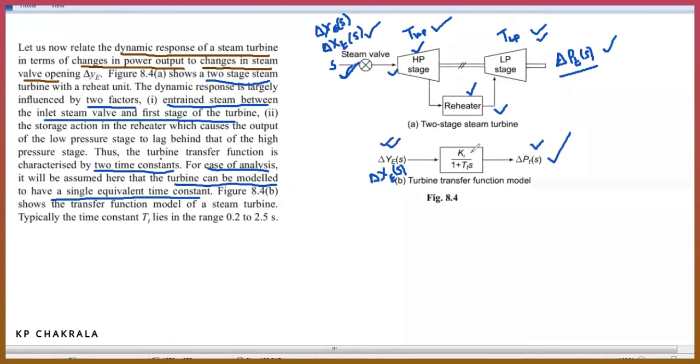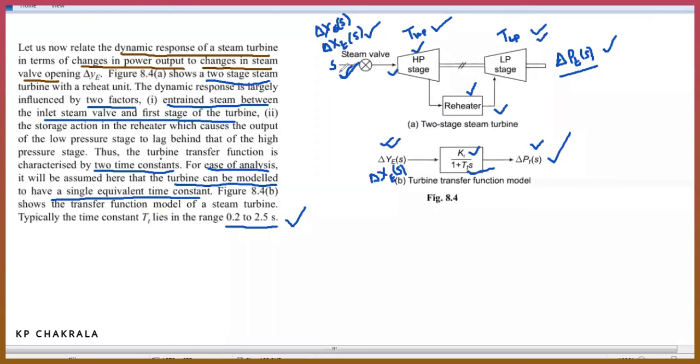In between we have the transfer function KT by 1 plus TT into S. KT is the gain of the turbine, and TT is the time constant of the turbine. This is the single equivalent time constant, and its range is 0.2 to 2.5 seconds. That means if you want to change the turbine output power, you have to change the valve setting.